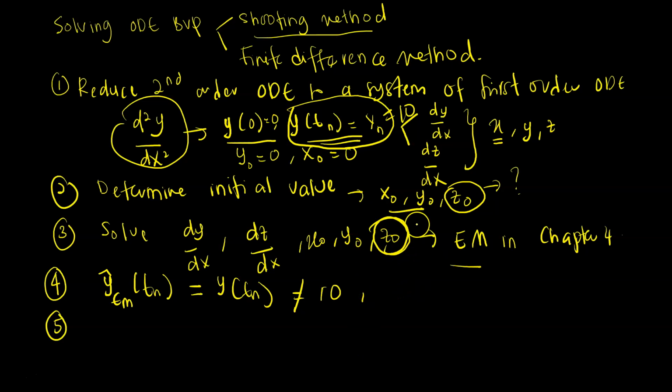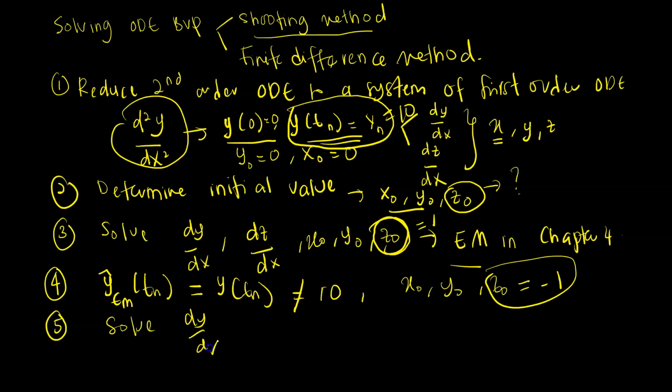So, for example, z naught equal to 1. This is just an example, class. Let's say when it is not equal, x naught and y naught are based on the question, but z naught now you assume equal to -1. So once you assume this one, again you need to solve. Step number 5, we need to solve dy dx, dz dx based on our x naught, y naught, and our new z naught equal to -1.